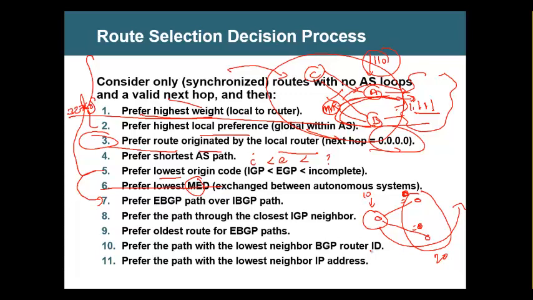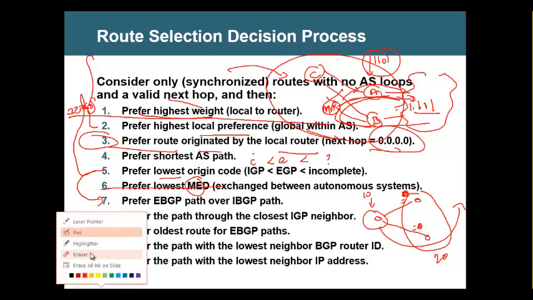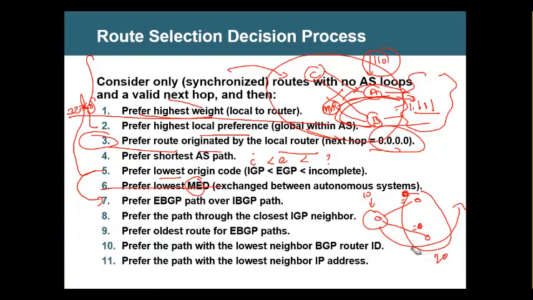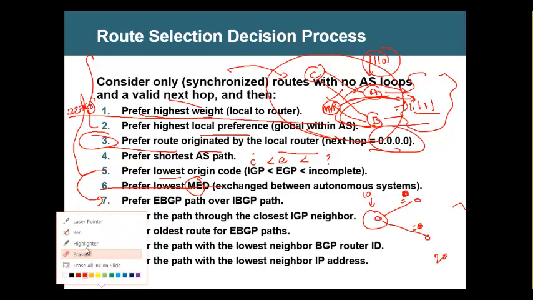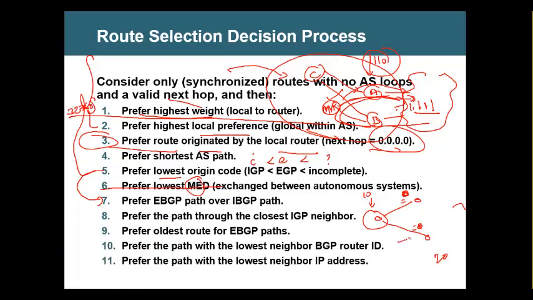And what will it do? It will check whether one of the neighbors is IBGP, another one is EBGP, and it prefers the path which is EBGP. For example, this is IBGP.